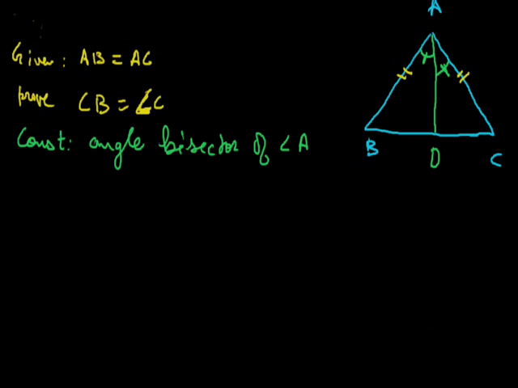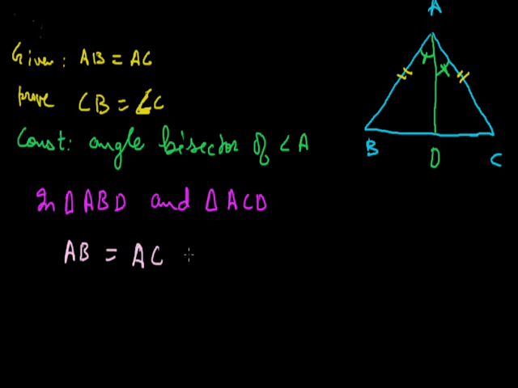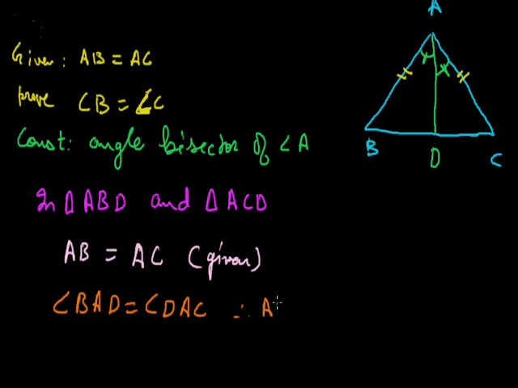Now, if we see triangle ABD and triangle ACD, we have AB equal to AC, which is given since the triangle was isosceles. Then by construction we have drawn angle BAD equal to angle DAC, since AD is the angle bisector.